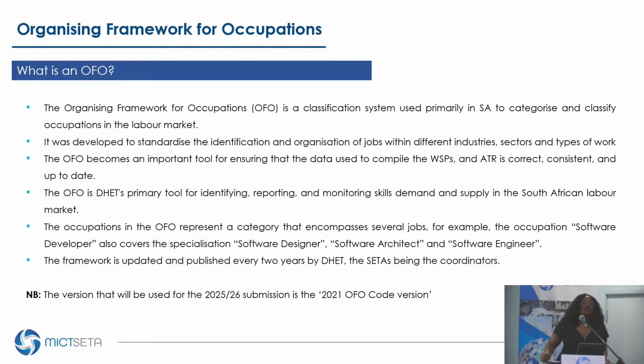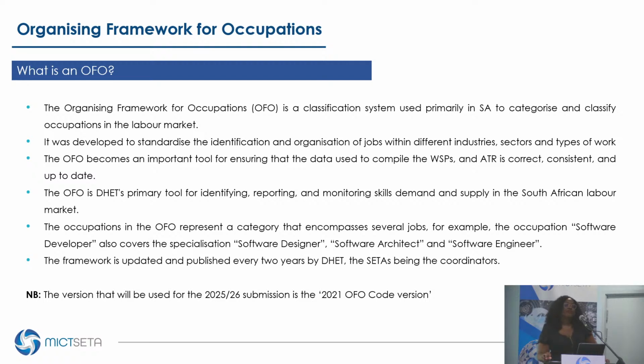So the idea behind the OFO is to move away from jobs to occupations, with the understanding that with one occupation there are many jobs that are attached to it. If you understand the OFO, you understand what I'm saying. So we could be in different jobs, but we have similarities in our jobs, which are linked to one occupation. But the jobs are more to do with titles, so we might be calling the different jobs different titles.